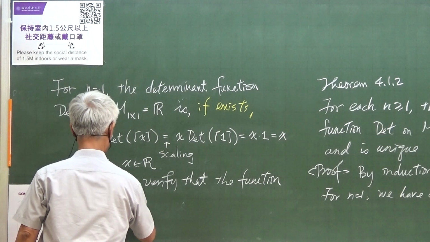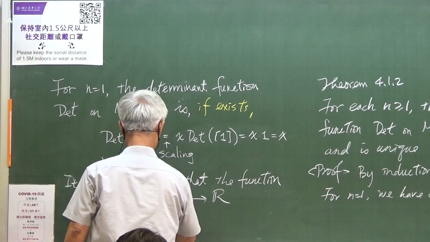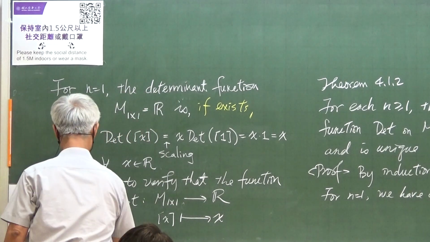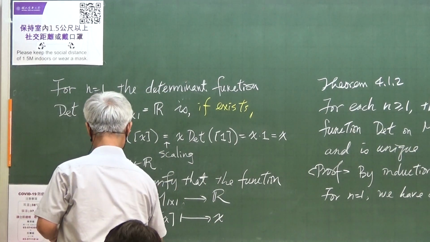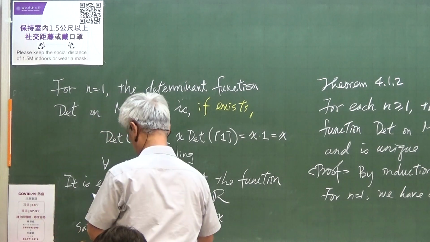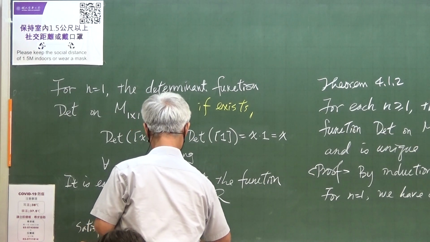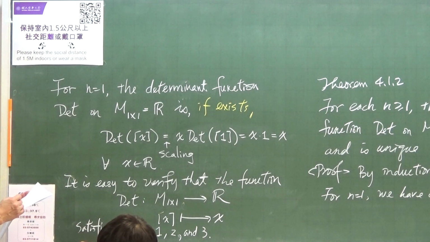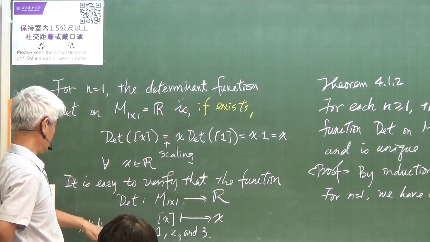The function satisfies axioms 1, 2, and 3, because we ask that any determinant should satisfy axioms 1, 2, 3.